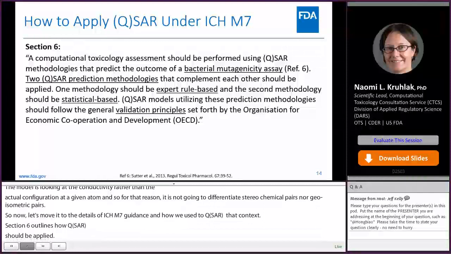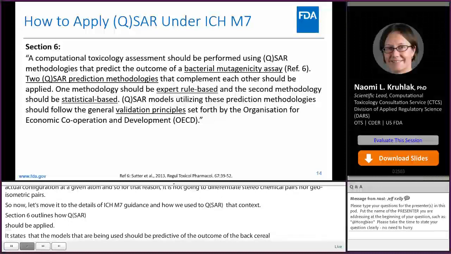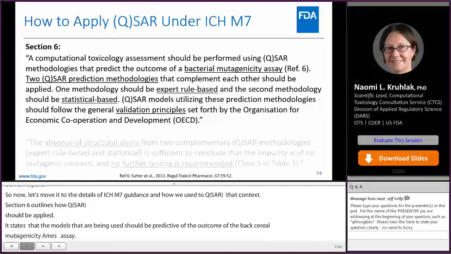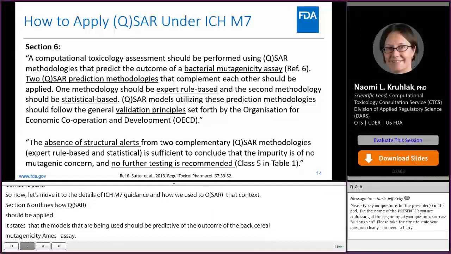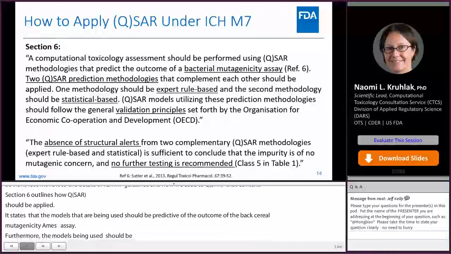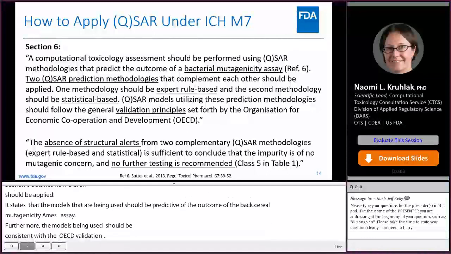One should be expert rule-based and the second should be statistical-based. And furthermore, that the models being used should be consistent with the OECD's validation principles. It goes on to say that when those 2 methodologies have been applied, if there are no structural alerts that have been identified, then the impurity can be assigned to class 5 and no further testing is recommended.